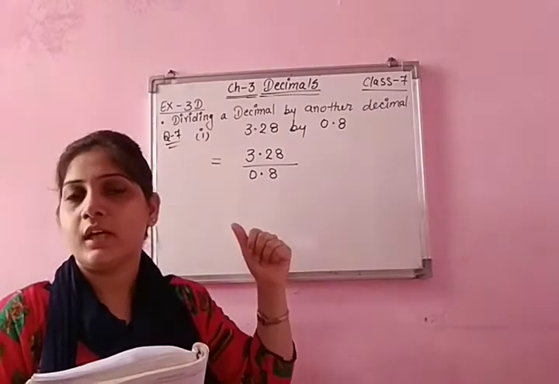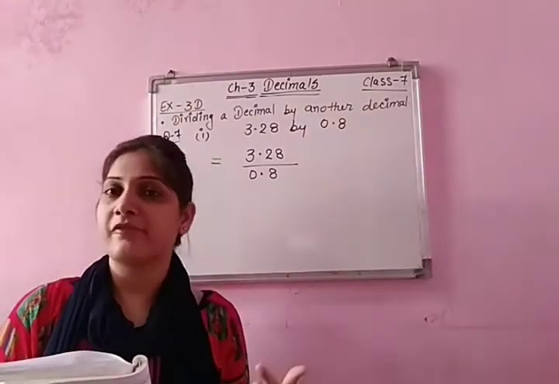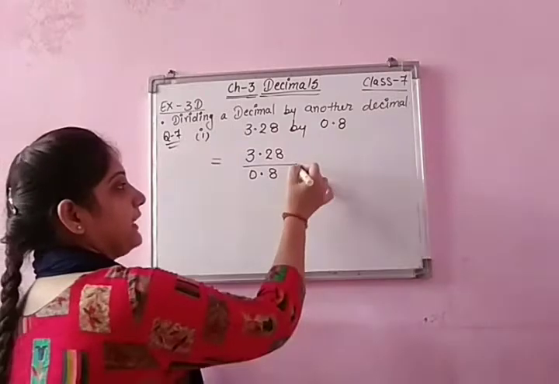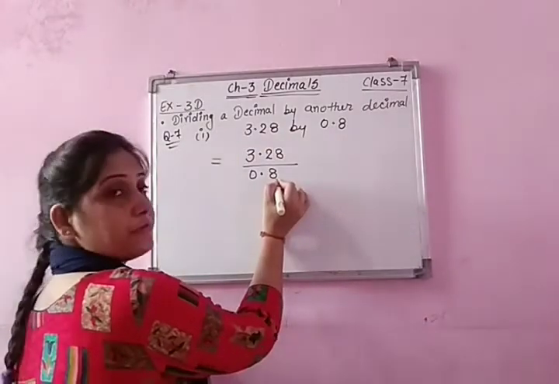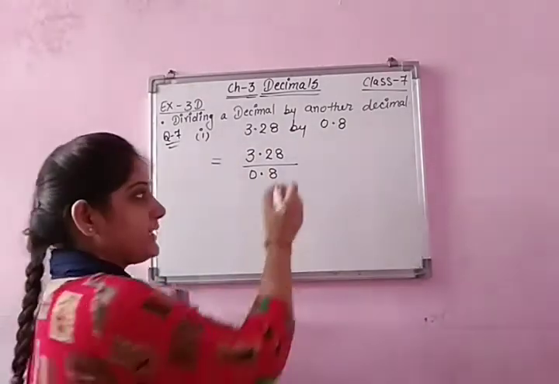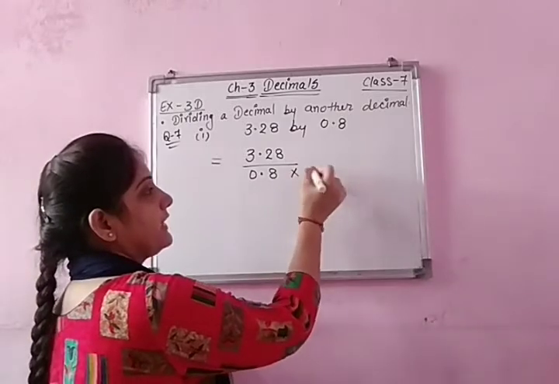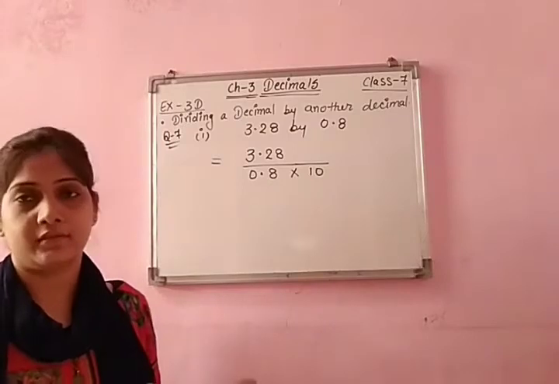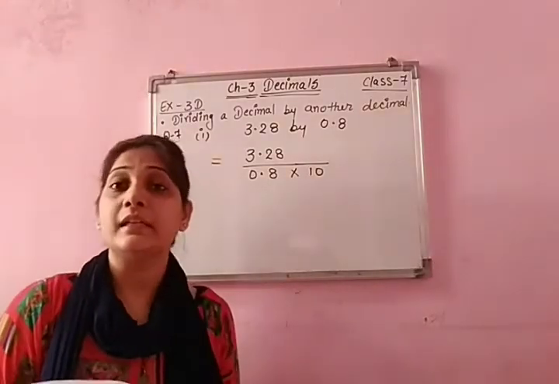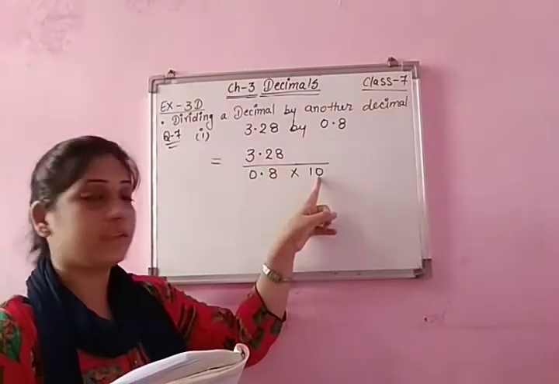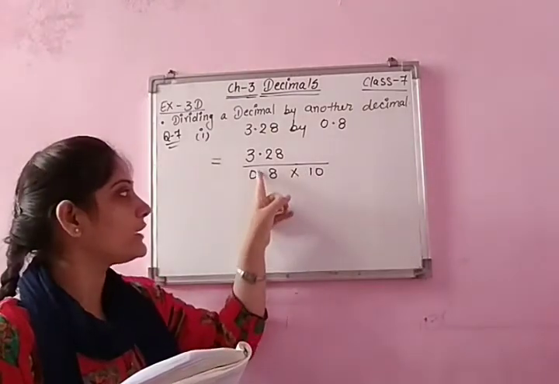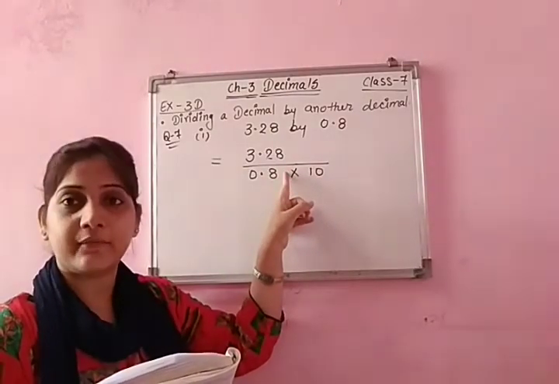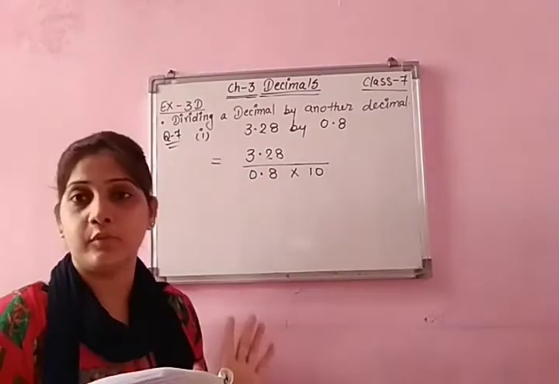If you remember the concept of multiplication, if there is one digit after the decimal point, there is one decimal place. So if there is one decimal place, I have to multiply it by 10. It's a trick by which you can remember. When I multiply it by 10, its point will shift to the right by 1. It means its point will be removed.